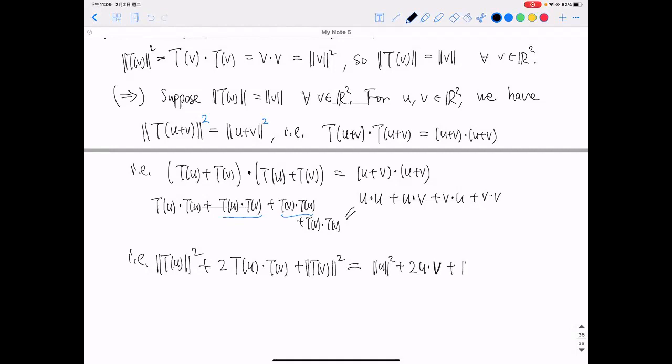V dot V is the square of the length of V. Now the square of the length of T of U is equal to the square of the length of U, because the length of T of U is the same as the length of U by assumption.